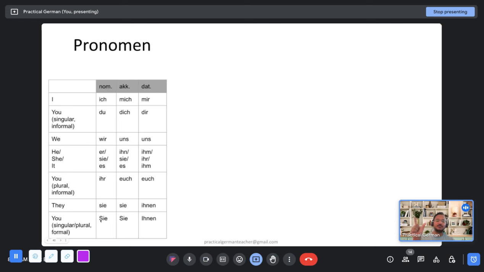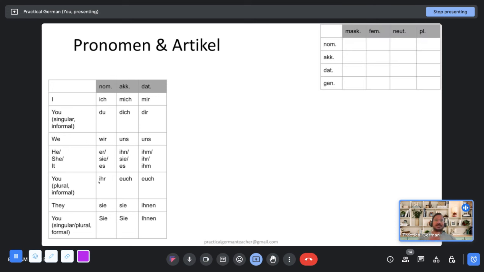And of course, the first word of the sentence, just after the full stop, that also has to be capitalized. And because this is capitalized, Ihnen is also capitalized. Also, one thing to remember, this ihr is different from this ihr. If I just write ihr, there is no difference in writing, but you understand, right? This ihr is the dative of sie, and this ihr is just nominative. That's it.